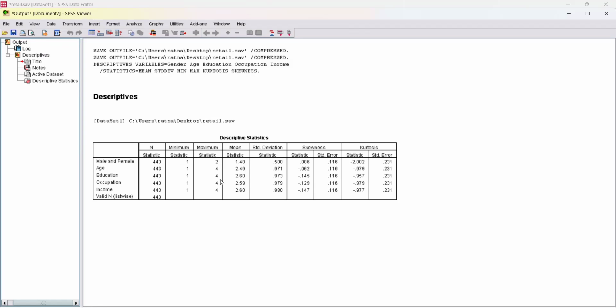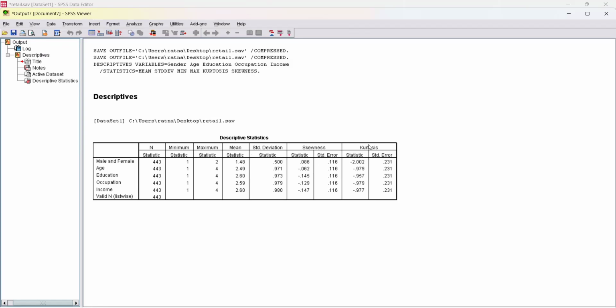For gender, the mean value is 1.48 and the standard deviation is 0.500. Given the scale, a mean of 1.48 indicates slightly more participants coded as 1 than 2. If 1 is male and 2 is female for this example, then about 52% are male and 48% are female.